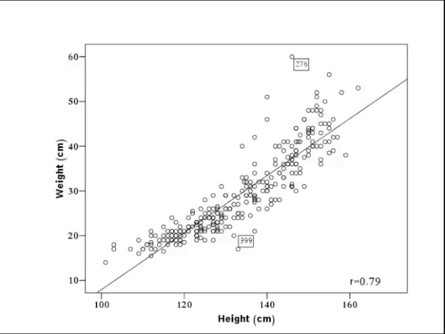By far the most useful graph when dealing with variables in science is the scatterplot. So here we have a scatterplot of height versus weight for a certain number of people, and the height would be the independent variable and the weight would be the dependent variable.